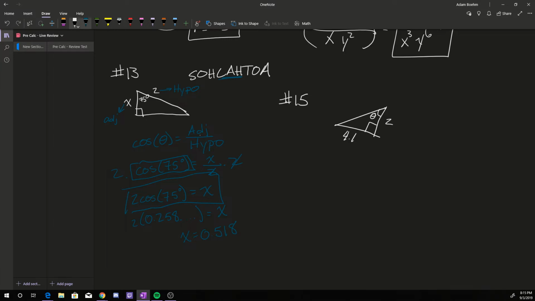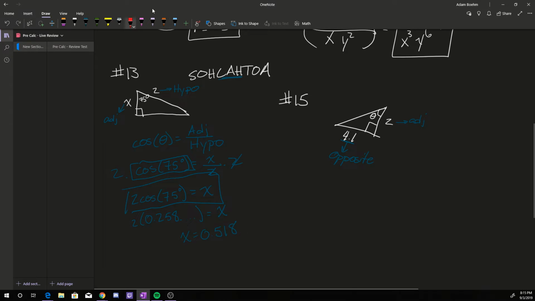So in this case, again, determine which sides we have. 2 is the adjacent to our angle, and 4.1 is the one opposite our given angle, theta.